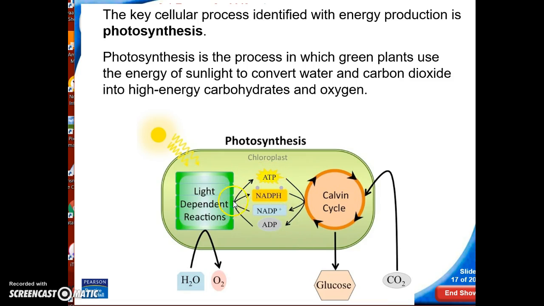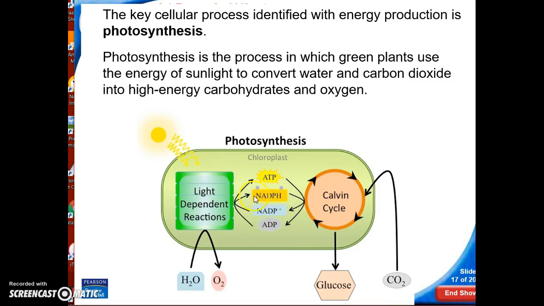And here we can see the process of producing ATP in the light-dependent reaction, and then that ATP's energy is used in the Calvin cycle to make glucose, and in the process we take off that phosphate group and end up with an ADP that is then ready to go back to the light-dependent reaction to be made into ATP again.